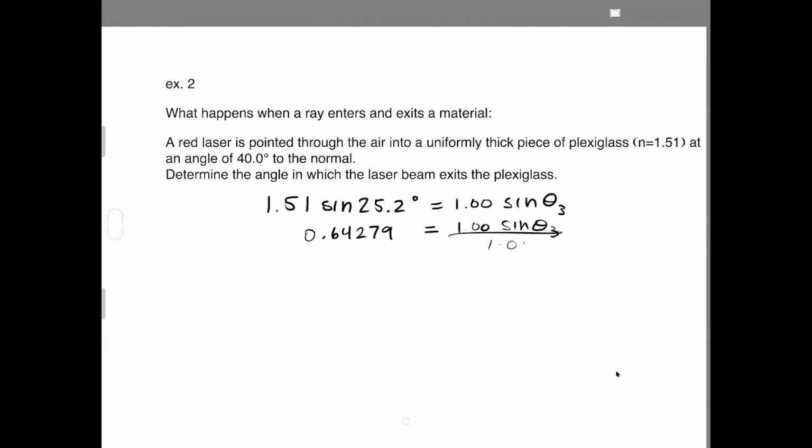Divide both sides by 1. Of course, that's not going to do anything to the left-hand side. Sine theta 3 is equal to 0.64279. Do the inverse sine of that number.